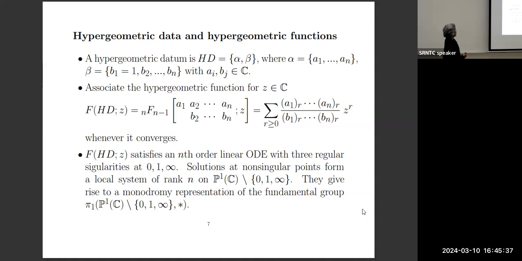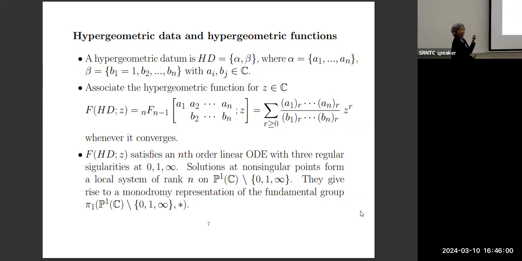Just like what we have seen for the 2F1 function, the nFn-1 function satisfies an nth order linear ODE with 3 regular singular points at 0, 1, infinity. Now let's look at P1C and remove these 3 points, 0, 1, infinity.